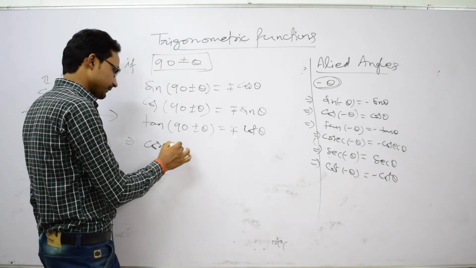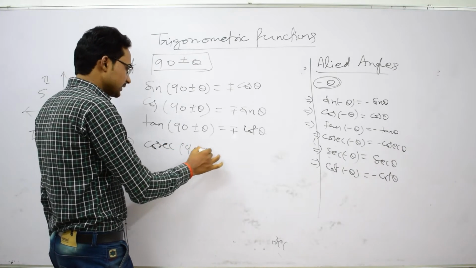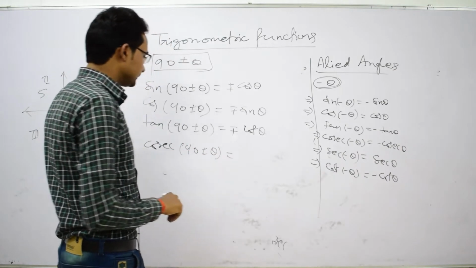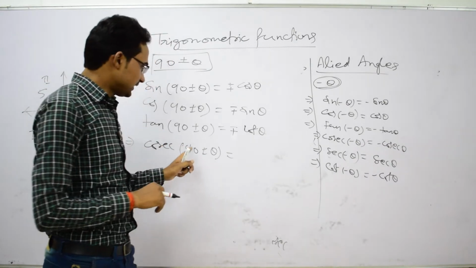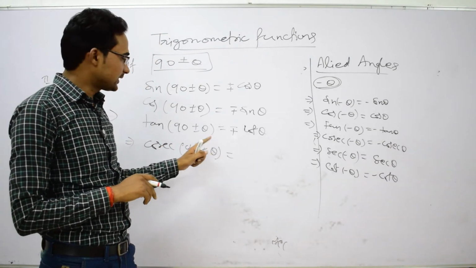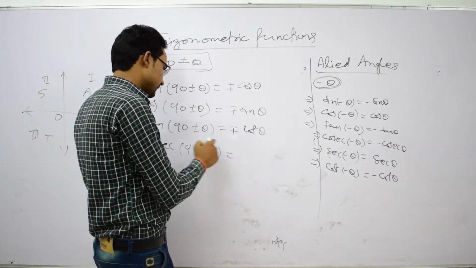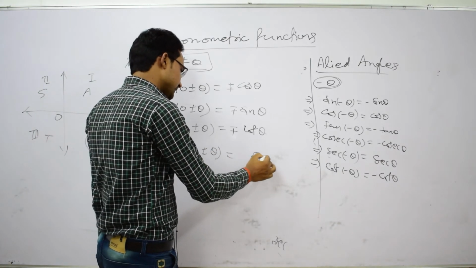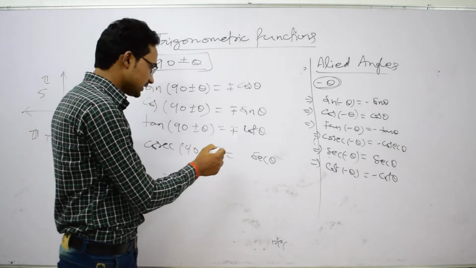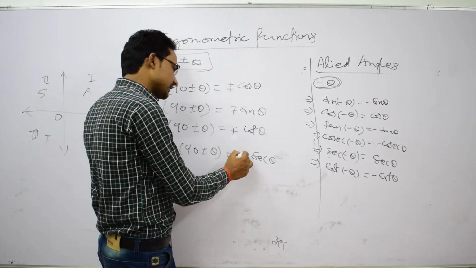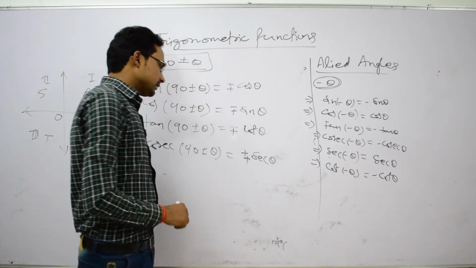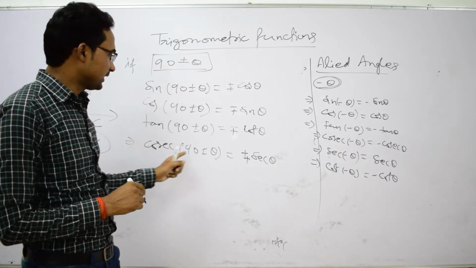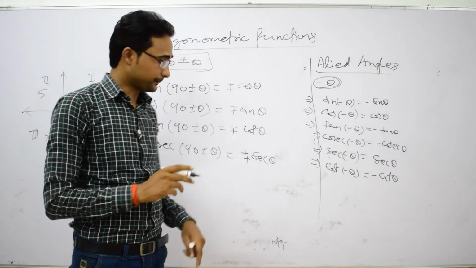Cosec 90 plus minus theta, that means 90 plus theta, again representing second quadrant, sin is positive, and cosec will be sec, cosec becomes sec theta, and for 90 plus theta second quadrant cosec is positive, and 90 minus theta first quadrant, in first quadrant cosec is positive, that is cosec 90 plus minus theta is plus sec theta.